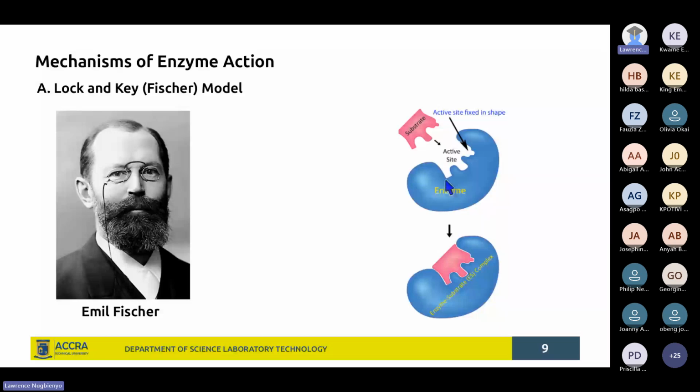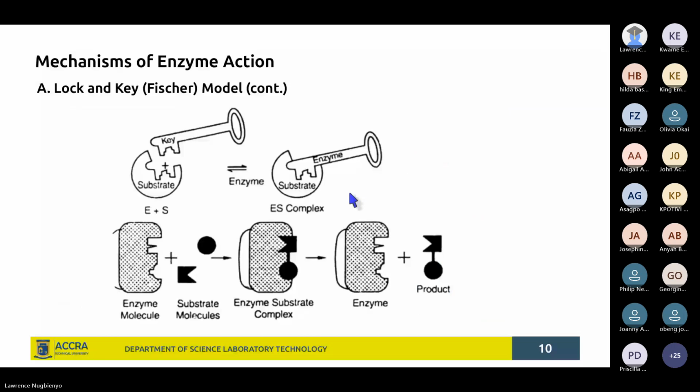And what it means is that you have, say, a substrate, which is like a keyhole, and the enzyme is the key that fits exactly into that keyhole, the substrate.